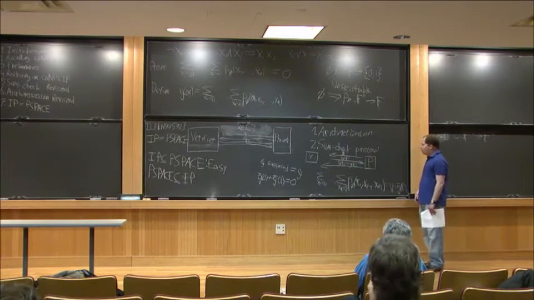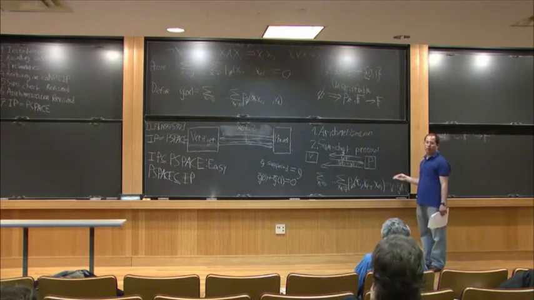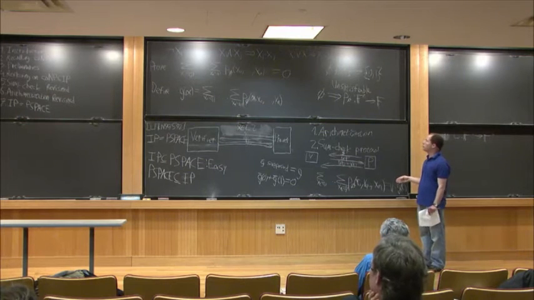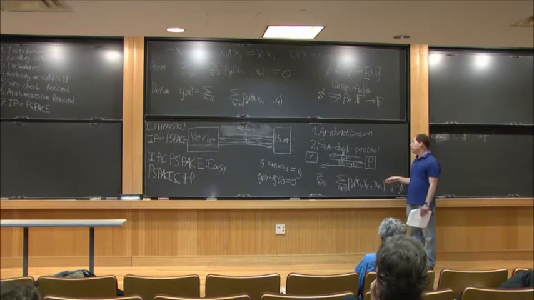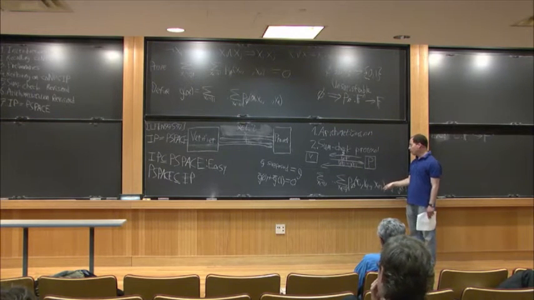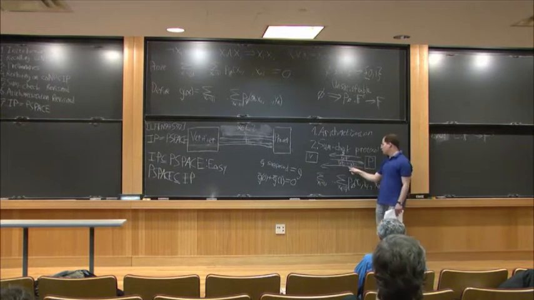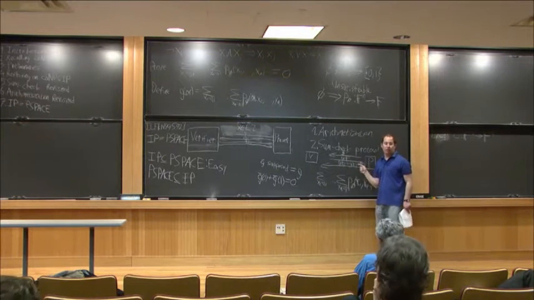And the point is that this new claim has two properties. First, completeness. If the first claim was true, this claim will be true. If the first claim was false, this claim will be false with high probability. And the reason is that those are two low-degree polynomials, and therefore they intersect at very few points.